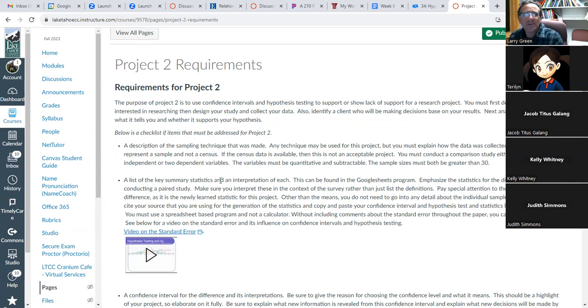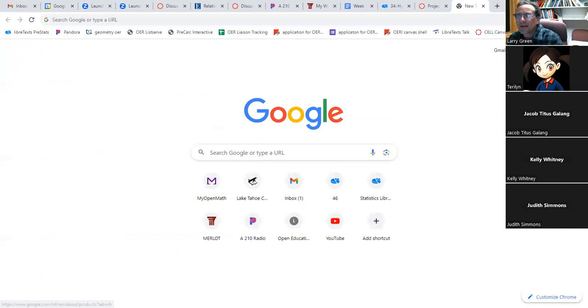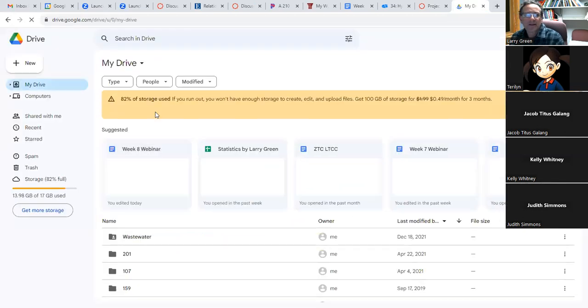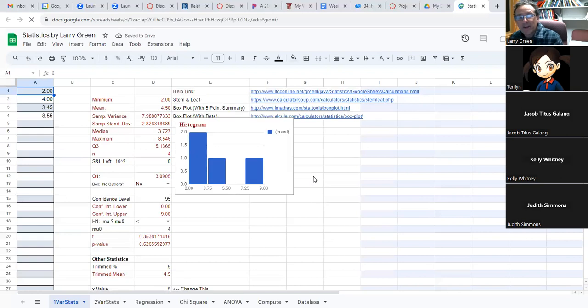And just a note, you're going to be using the same spreadsheet. So in particular, if you remember, this was a spreadsheet. And the good news is you made a copy for project 1, and you can use the same copy for project 2.